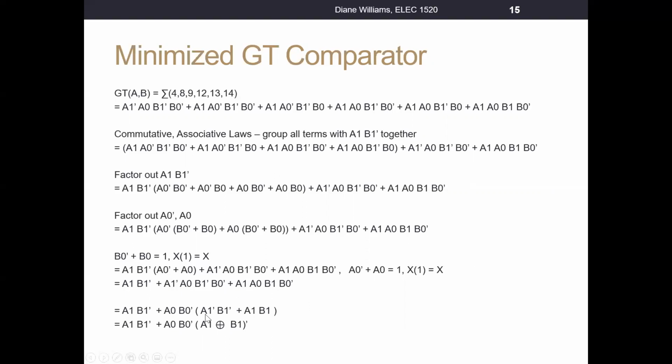We end up with this inside, and if you look at that, that is the pattern of our XNOR gate. So we'll simply change that to the XNOR relationship, and we'll say that a minimized form of our greater than comparator is this expression here. Right? A1 ANDed with B1 not, or with A0 ANDed with B0 not, ANDed with A1 XNOR with B1. Oh, that's a mouthful to say all that.